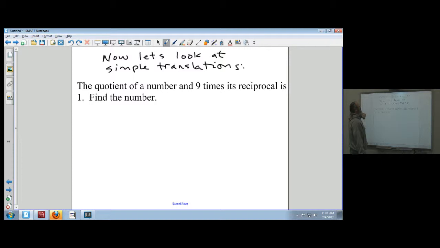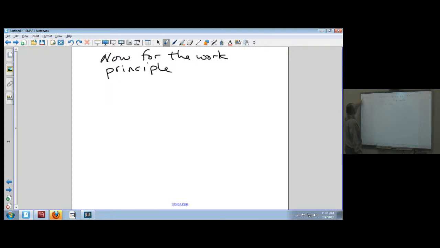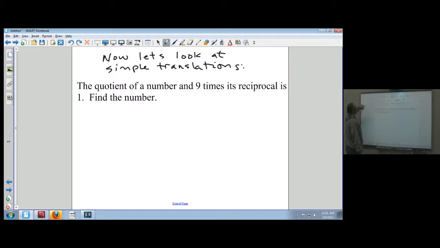Now let's look at simple translations. When we look at simple translations, we have to consider carefully the wording of a problem. When we've got this word right here, quotient, that means we've got a ratio. This is the quotient of a number and 9 times its reciprocal.